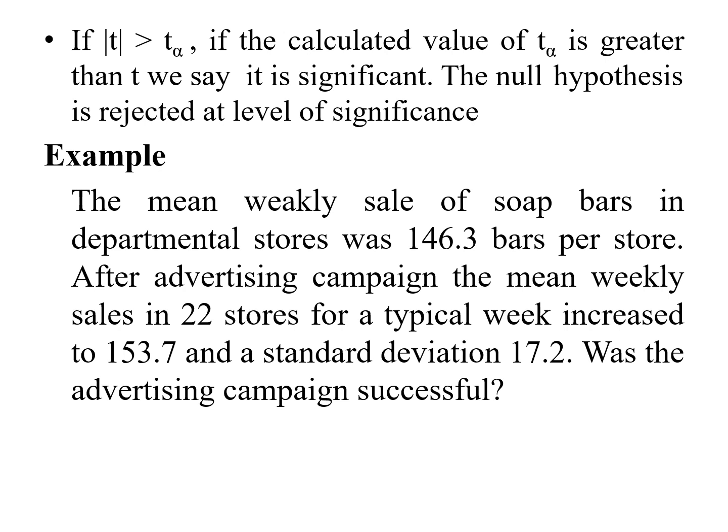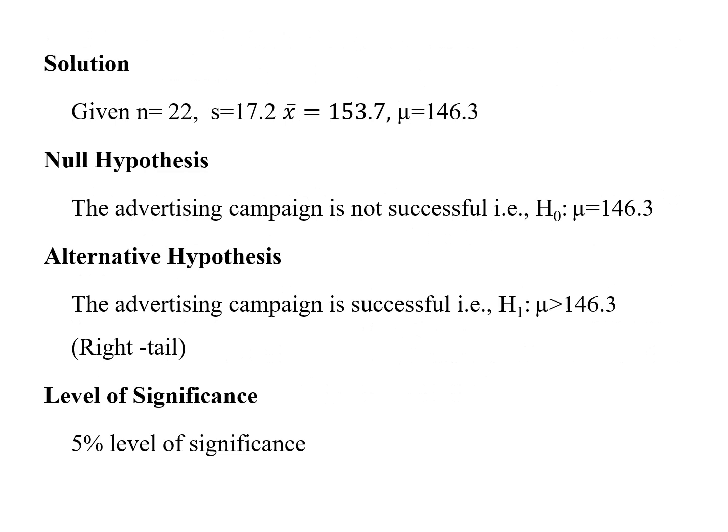So we can take the before-advertisement mean value as the population mean value, and the after-advertisement value as the sample mean value, 153.7, with standard deviation 17.2. Here we have to check whether the mean value increased or decreased based on the advertisement. Let's see that.